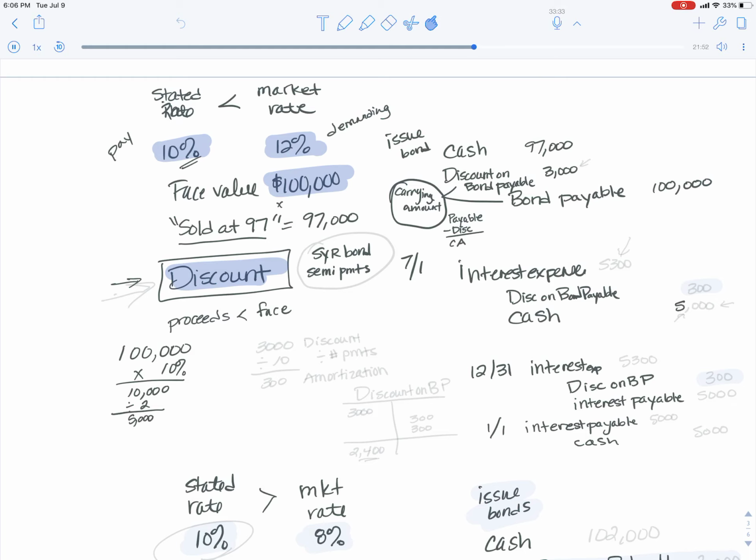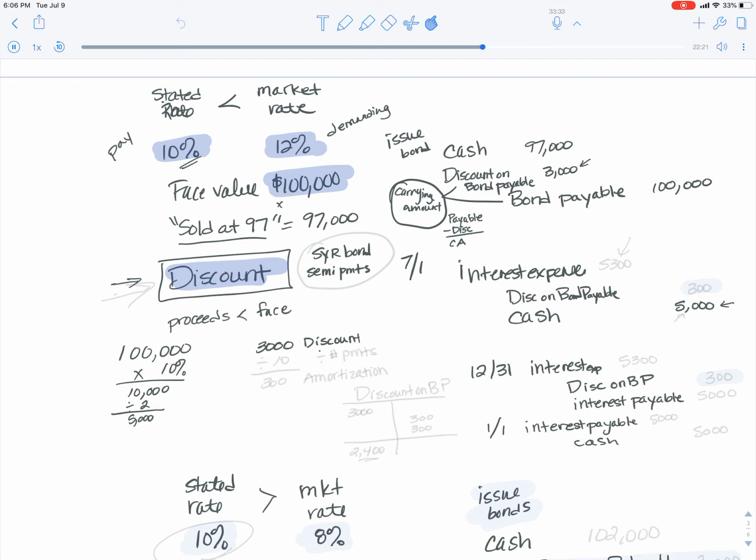So that's the amount of cash that we're going to pay. Now, because we have a discount here, we can't just debit interest expense. We're actually, in addition to this payment, going to remove some of this discount at the same time, which is really also interest.